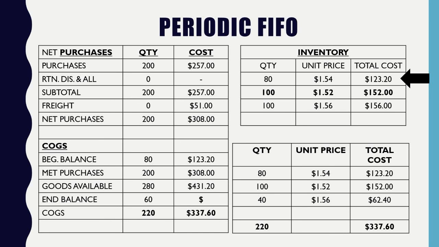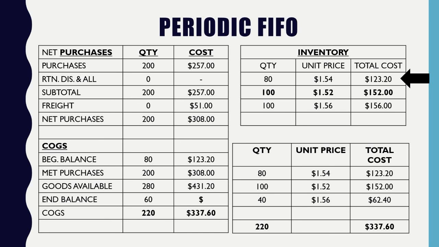We're going to add together our net purchases, the new items we purchased afterwards, which gives us a grand total of 280 items available to sell. We add the $123.20 plus the $308 to give us a grand total of $431.20.